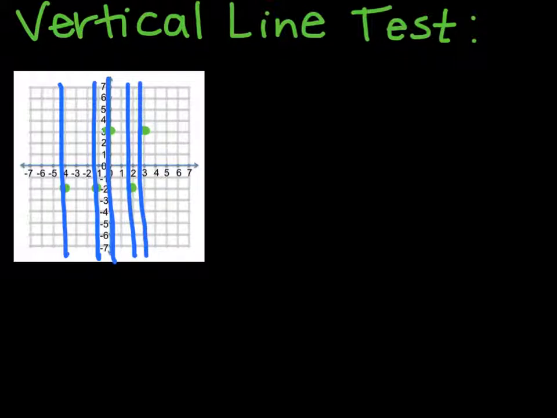And this passes. This is a function. None of my vertical lines go through more than one point. So this relation is a function.